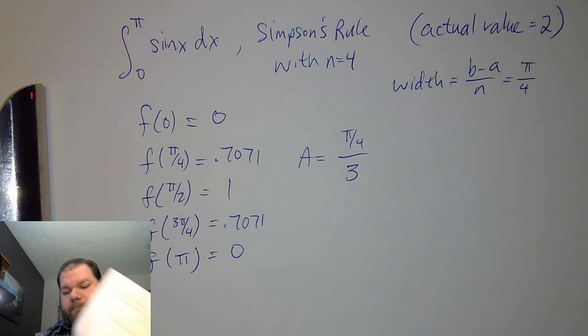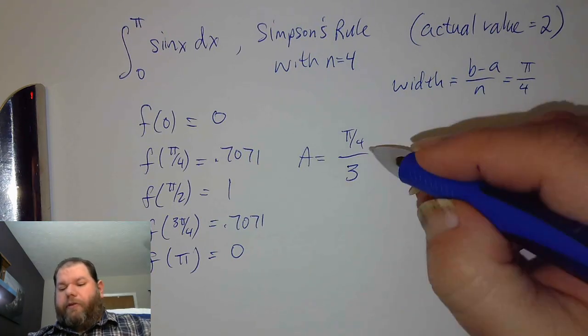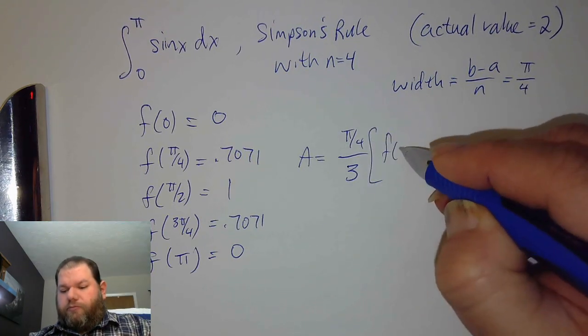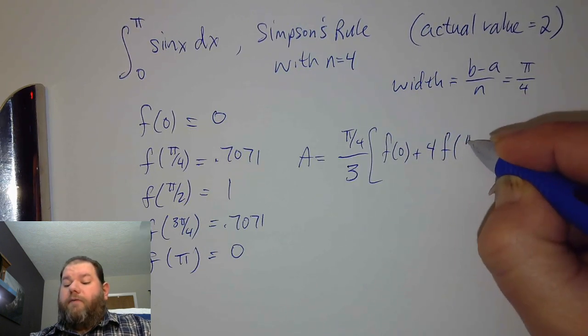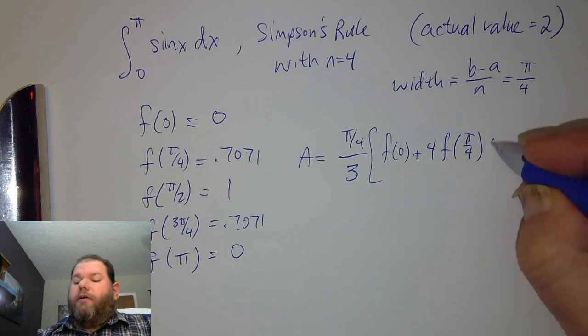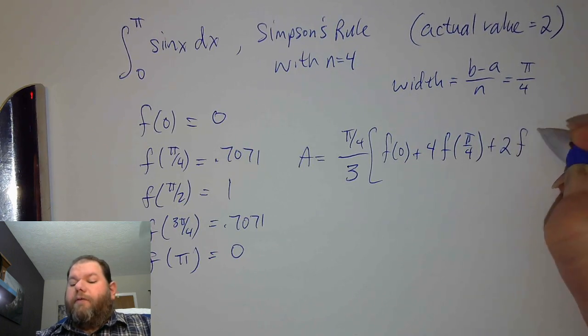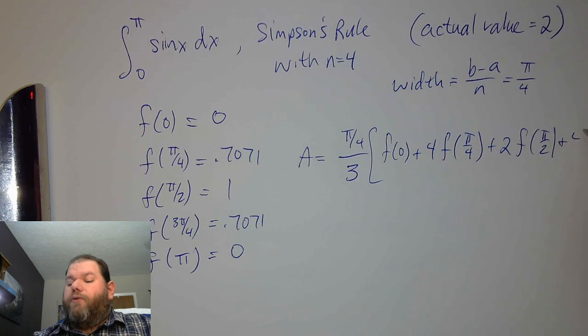So f of 0, 4 times f of pi over 4, 2 times f of pi over 2, 4 times f of 3 pi over 4. Sorry, actually, the value is the same. And then f of pi.